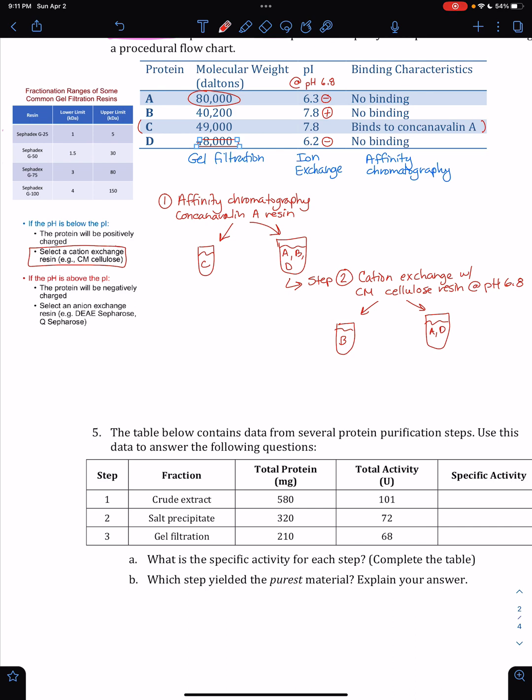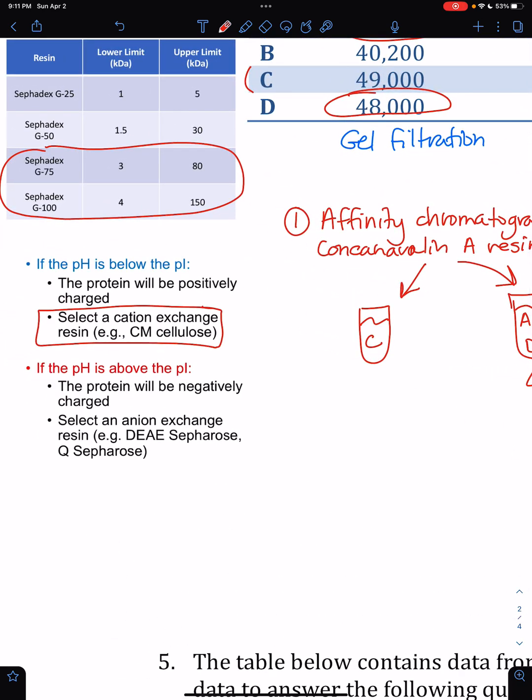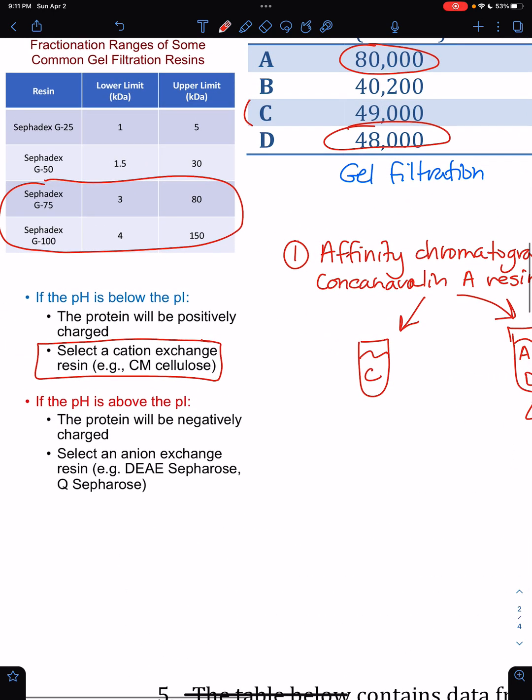So if we look here, I could use either Sephadex G75 or Sephadex G100 because both my proteins would be in that range, 48 and 80.